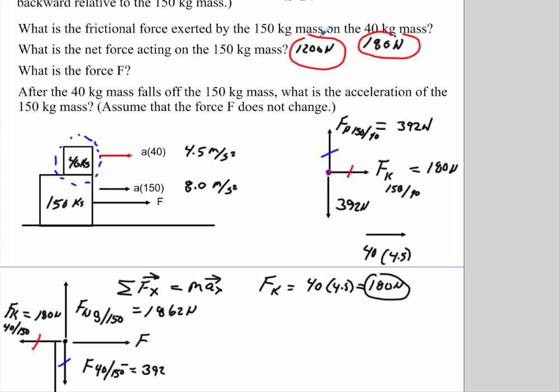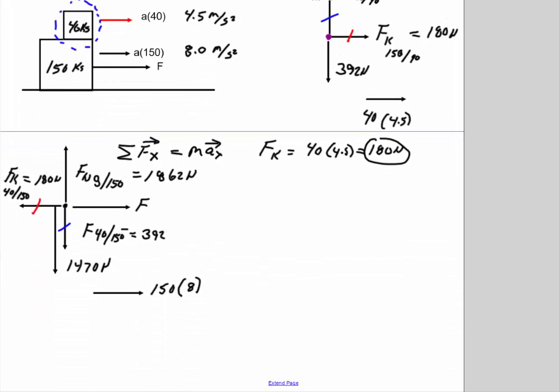Alright. Now we can go back and solve for F. To do that, I say the summation of forces in the x must equal mass times acceleration in the x.